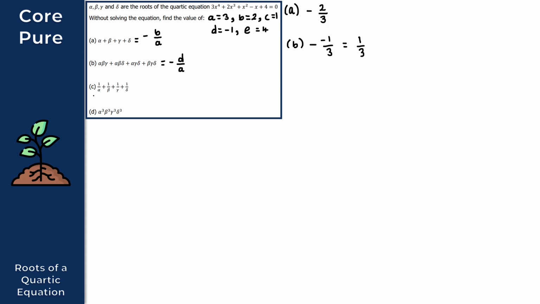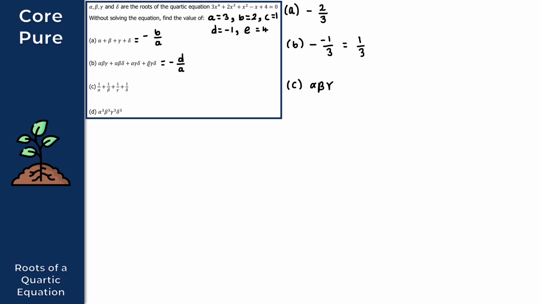Now for part C, not quite as straightforward as part A and part B. For part C, what we need is a fraction. We have seen similar examples for roots of a cubic and roots of a quadratic. For this result, these reciprocals, what I need is a fraction as we mentioned. Basically what I'm looking for is this expression.